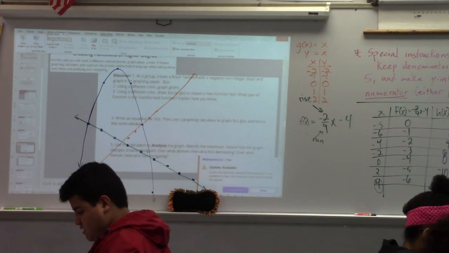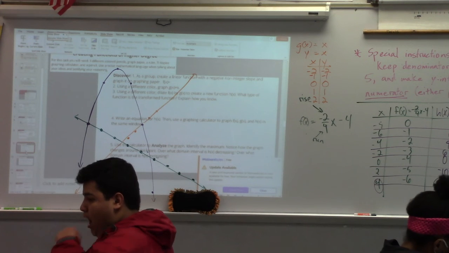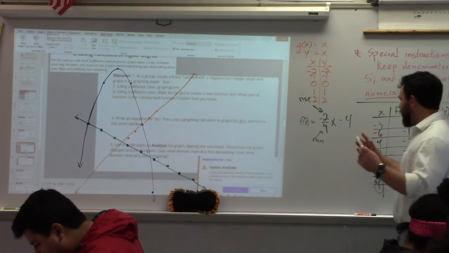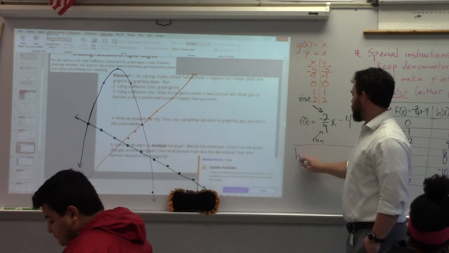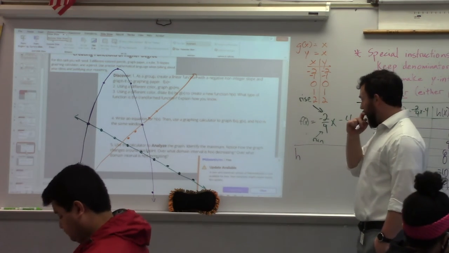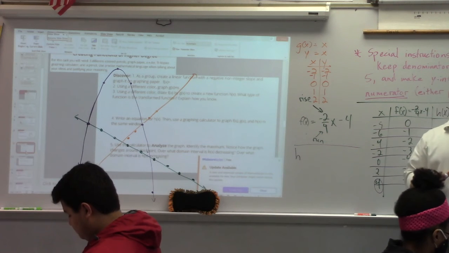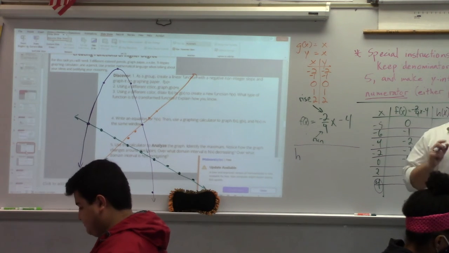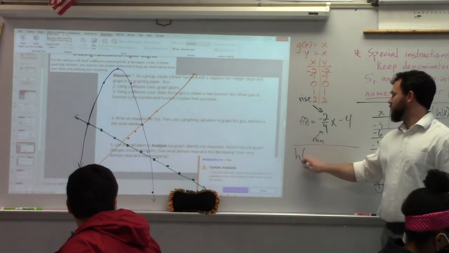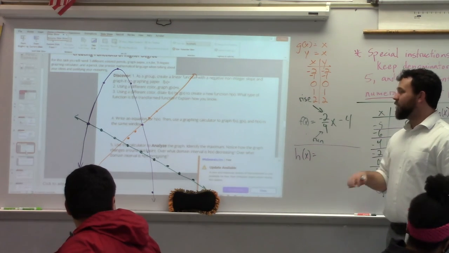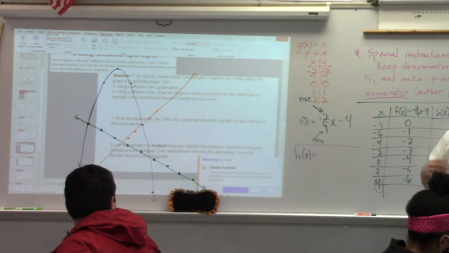4 says write an equation for h of x. Well, immediately, what should we know for h of x? The points. In number 4, what does it ask for though? An equation. What do we know about h of x in terms of an equation? Yes, it's a parabola, yes, it's quadratic, but how do we know that?